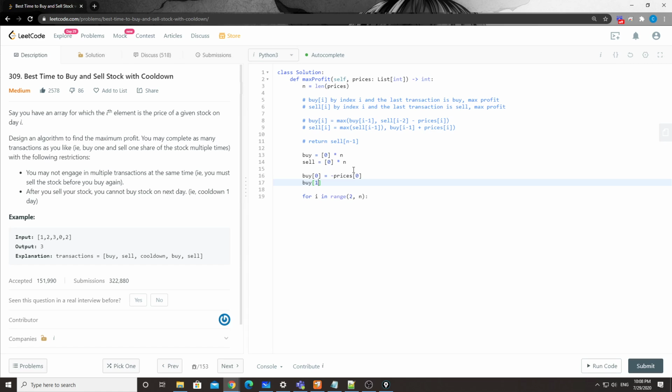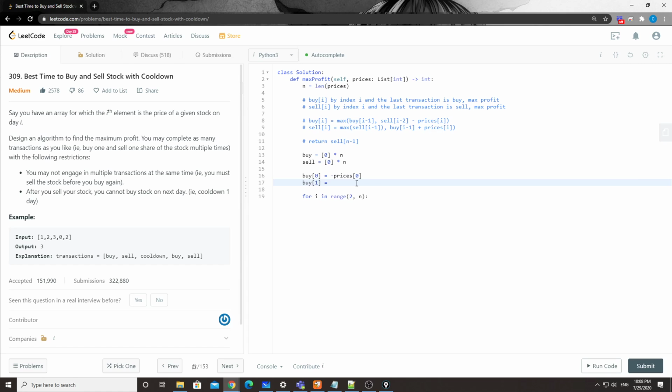How about buy[1]? What's the buy[1] here? So buy[1] means at index 1, what's going to be the max profit if the last transaction was a buy transaction. Basically, in this case, it's going to be either we buy at 0 or we buy at 1, right? So we only have those two options. And then we just need to get the max of them, right?